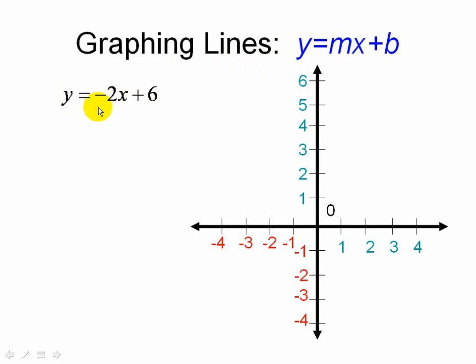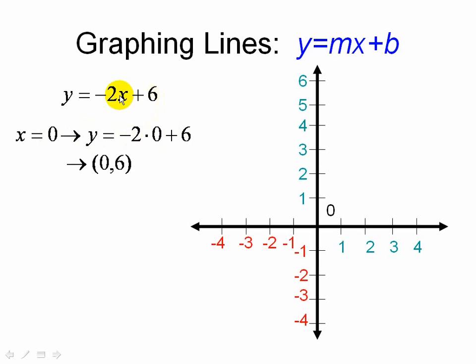And then the constant here is known as the y-intercept. So let's do it again. When x equals 0, we have minus 2 times 0 plus 6. So we substitute x equals 0 in this equation, and we have the point 0 and 6. So for x equals 0, we plot y equals 6 right here.